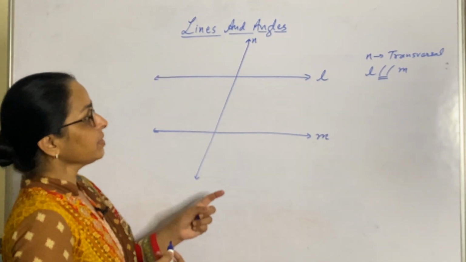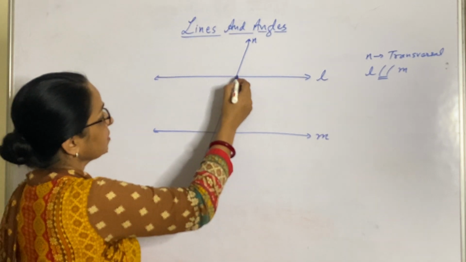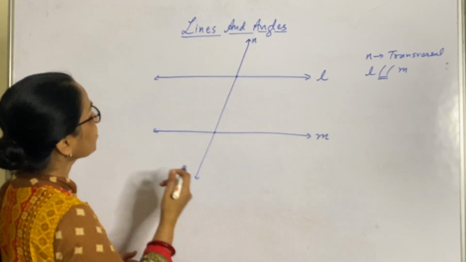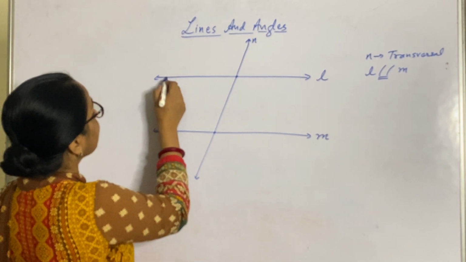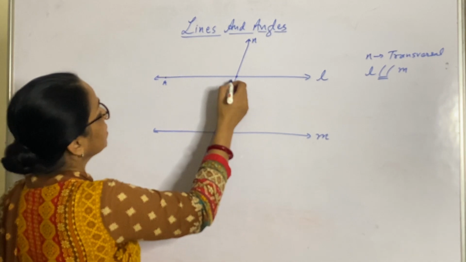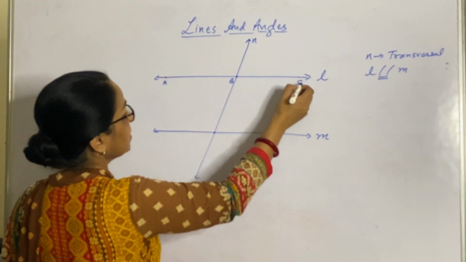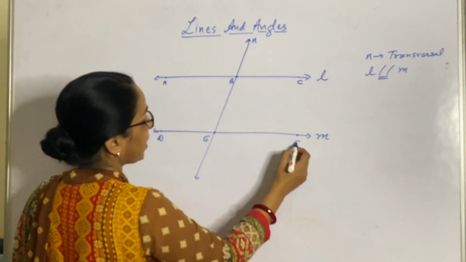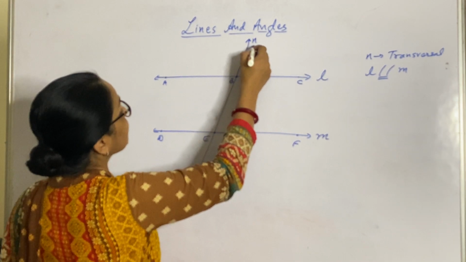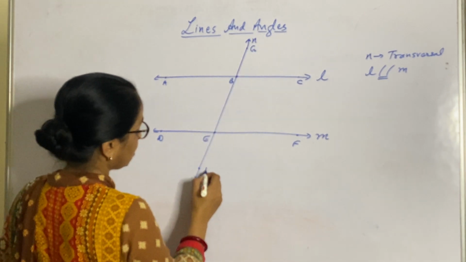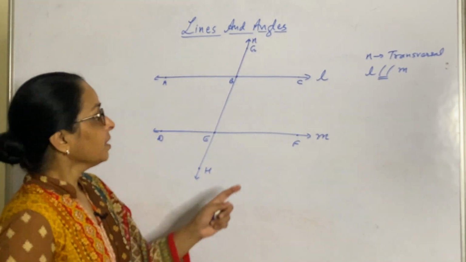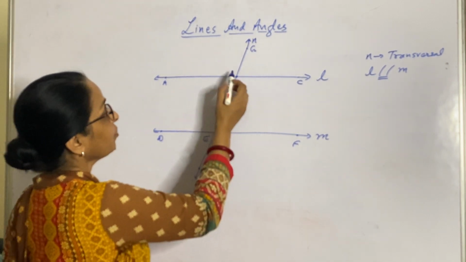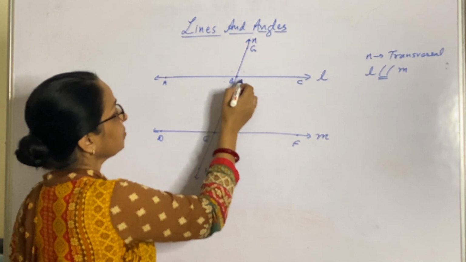Now, as you can see here, we are getting 2 points of intersection. Correct? Let us try to name them here. I am naming them A, B, C, D, E, F, and here also let us write G, H. Now at these 2 points of intersection, we can see there are 4 angles formed, right? 1, 2, 3, 4.